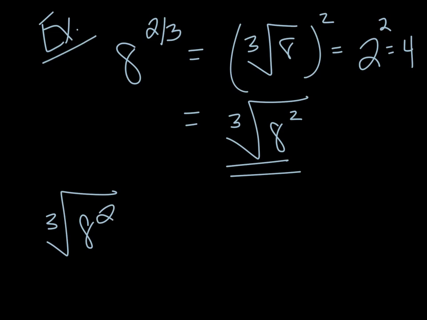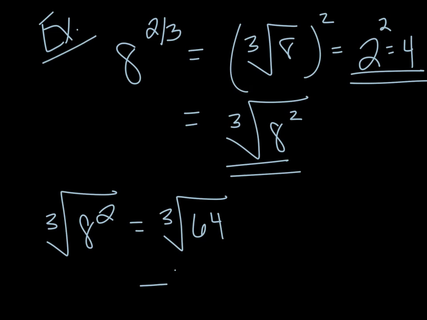And if we take this route, the first thing that I need to do to the 8 is square it. So I end up looking at the cubed root of 64. And the only reason this way might be preferable is because it's easier for me to think of something times itself 3 times gives me 8, rather than something times itself 3 times gives me 64. It's just a matter of which math would I rather be doing in my head.